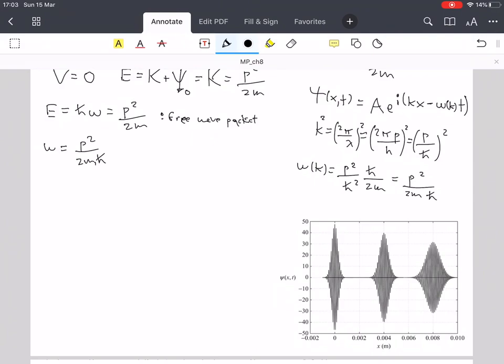And I don't expect this to be shown mathematically on an exam or any coursework, but I include it in the lecture notes as it shows where you get this result shown in the graph. And it explains how you get, as time progresses, this spreading waveform. Maybe don't worry too much about that, but if you want to look at the details, you can.